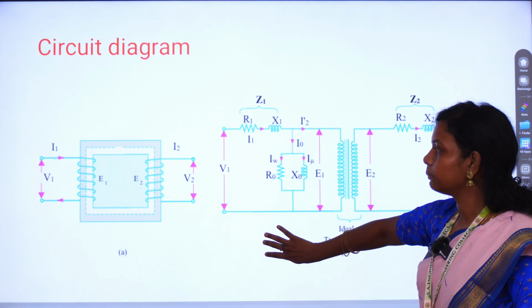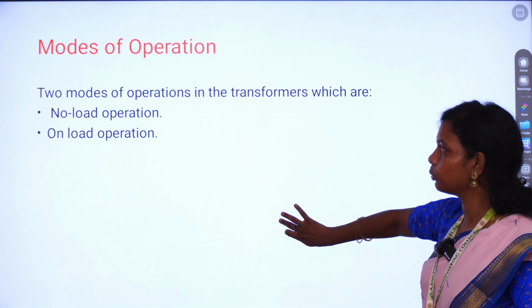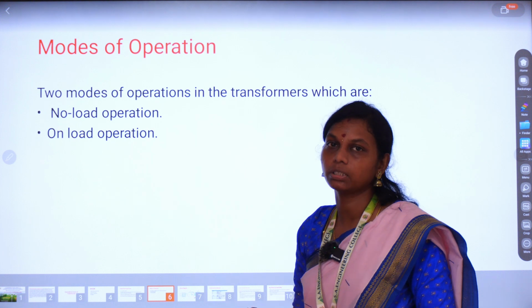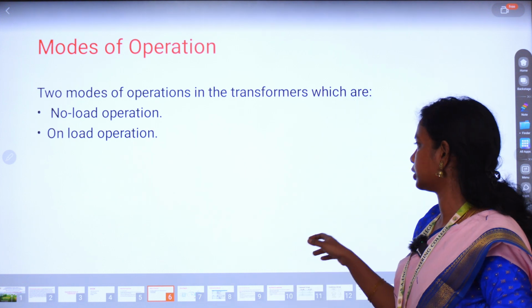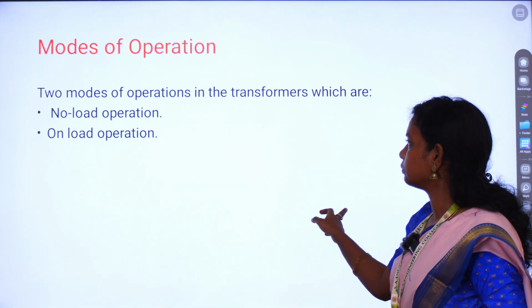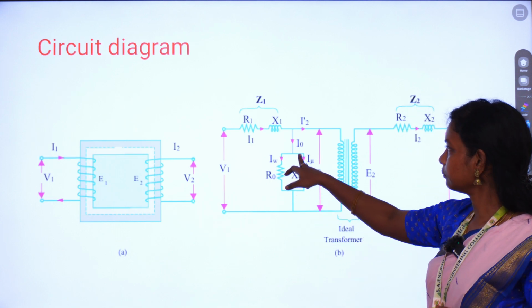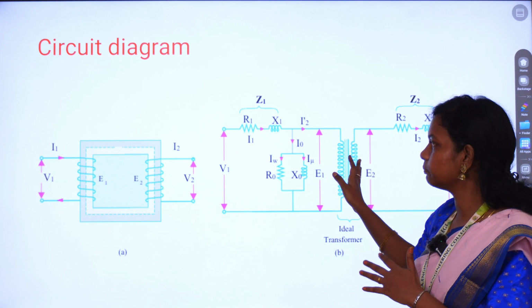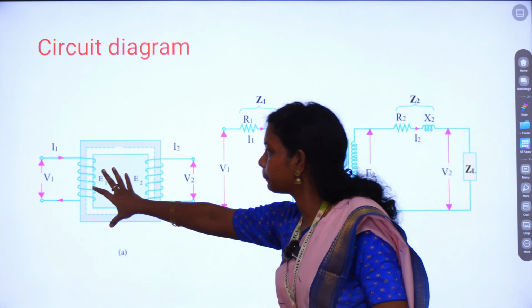Okay, in that we will mainly concentrate on two modes of operation. One is no load condition and the other is on load condition. What is meant by no load condition? No load condition will be represented as I0, that is the load will not be given, which will be represented on the primary side.